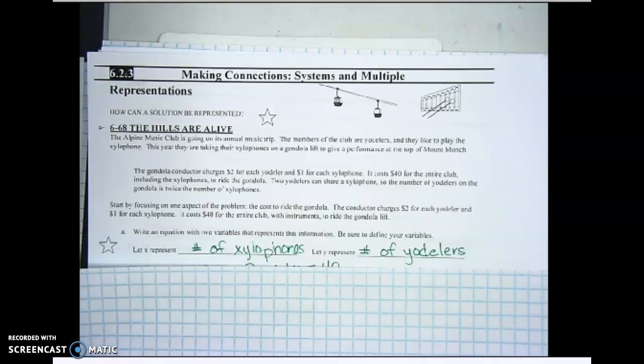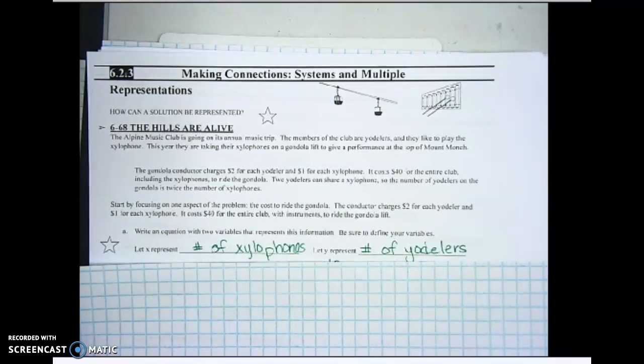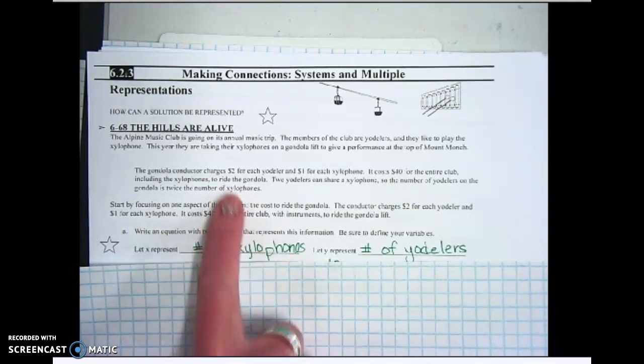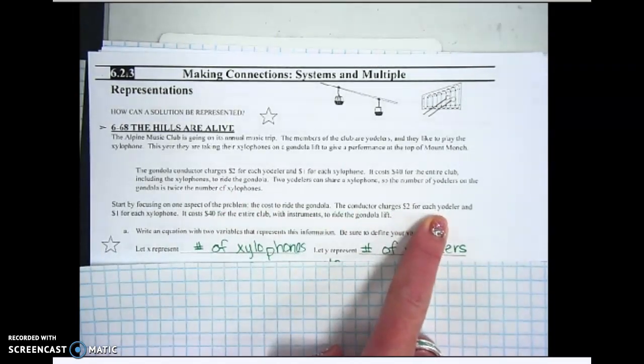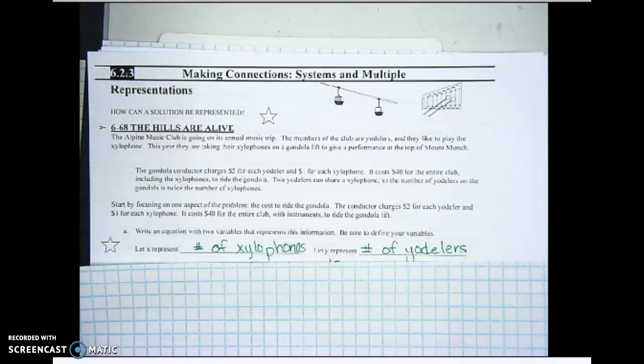Okay. So we've got our X and our Y. We need to focus on what it costs. It's $2. Where does it say? $2 for each yodeler. How do you say $2 for each yodeler? 2Y. Okay. How do you say $1 for each xylophone? 1X.